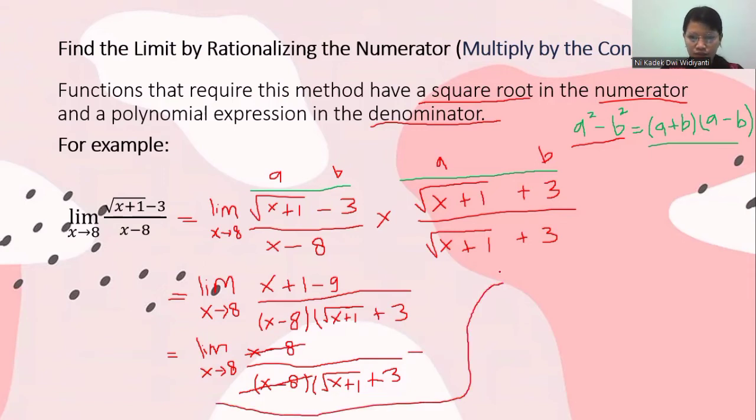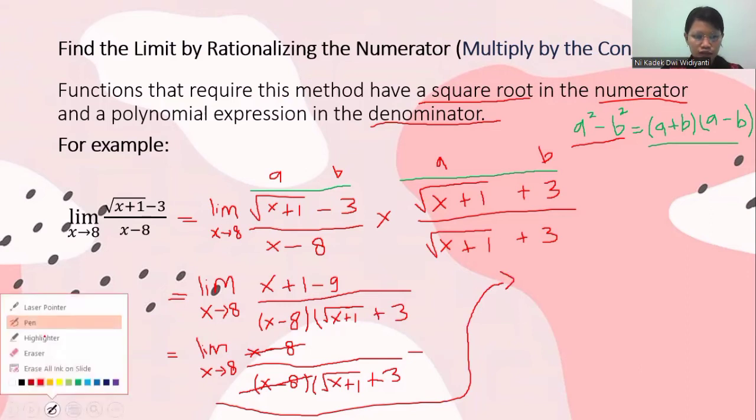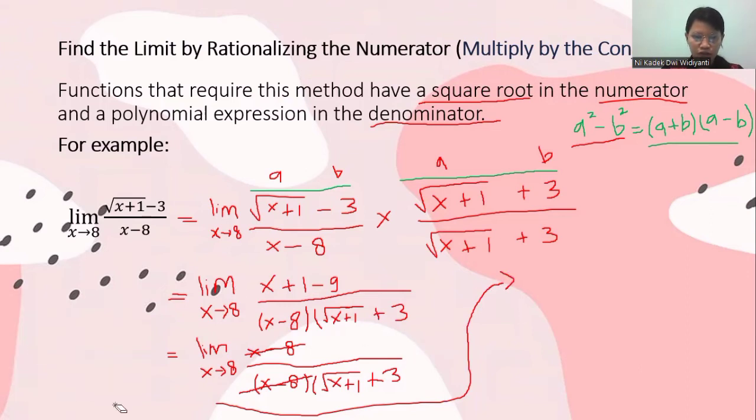So this equals the limit of 1 divided by square root of x plus 1 plus 3, as x approaches 8.